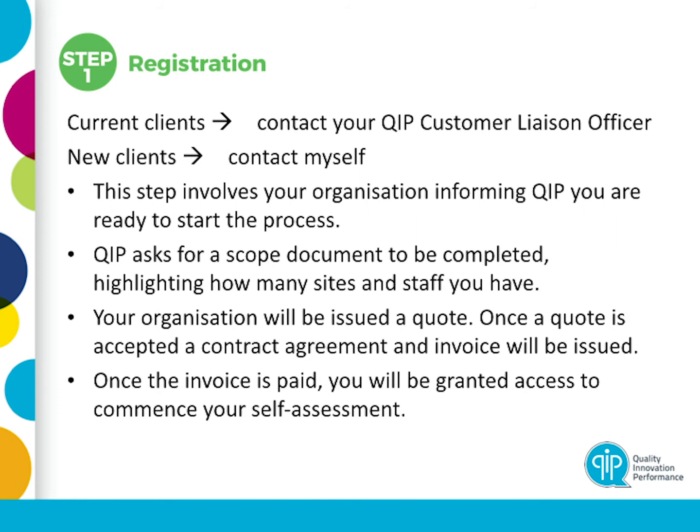So it's pretty much, we just need a full picture of who you are, and that helps us to work out what we need to quote you, and then also how long we'll need for the assessment. So once we do the scope, then we get the quote and then we get the agreement. And then as soon as the first invoice is paid, you are granted access to the online self-assessment.